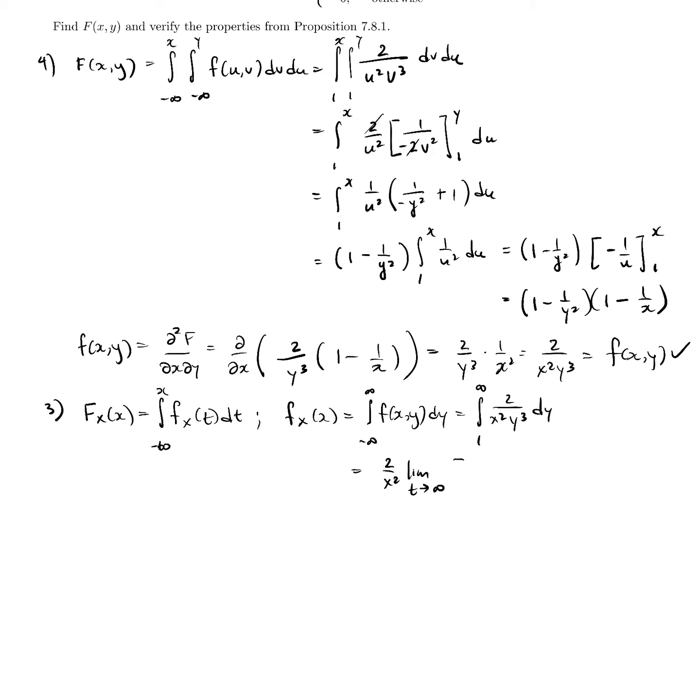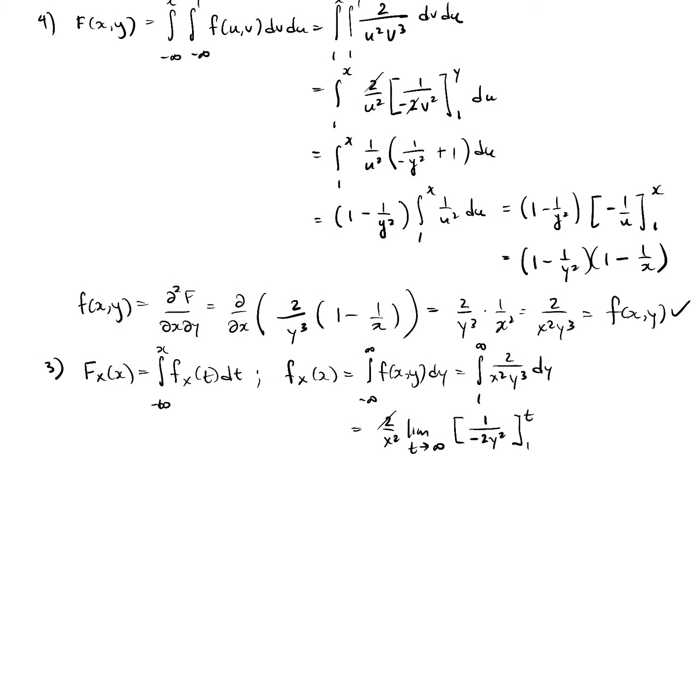We need an antiderivative of 1 over y cubed, which will run from 1 to t, and it's the same antiderivative as before, only with y, so 1 over minus 2y squared.